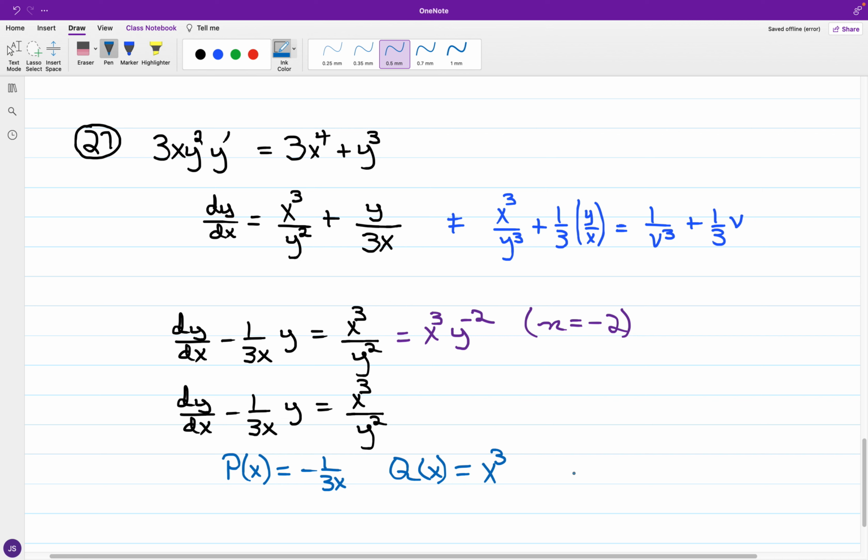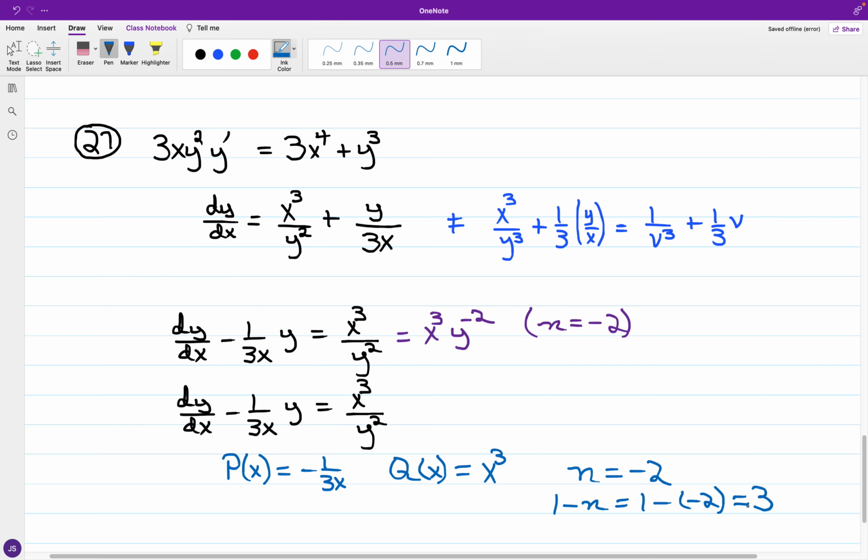And again, we have n equal to negative 2, and once again with 1 minus n, we have 1 minus negative 2, and so that will come out to 3.